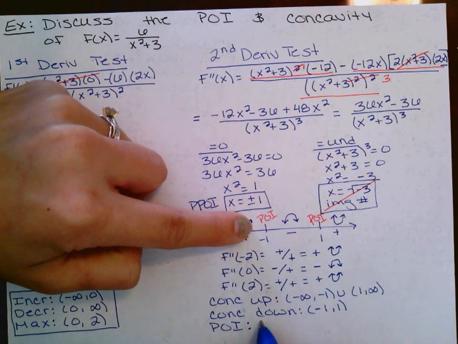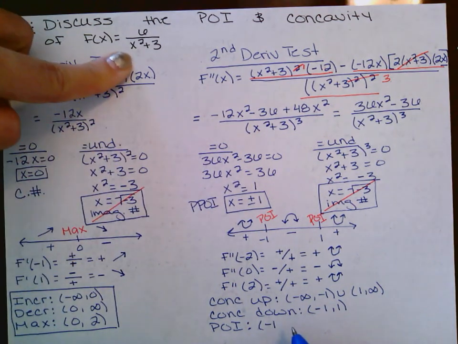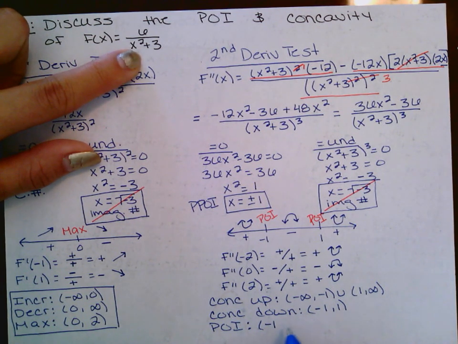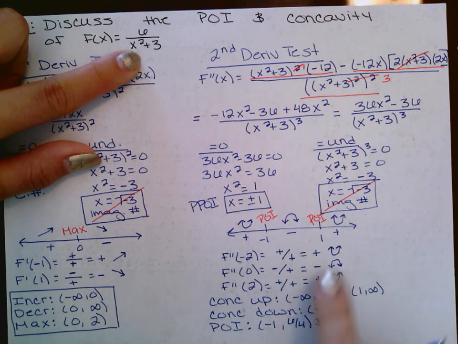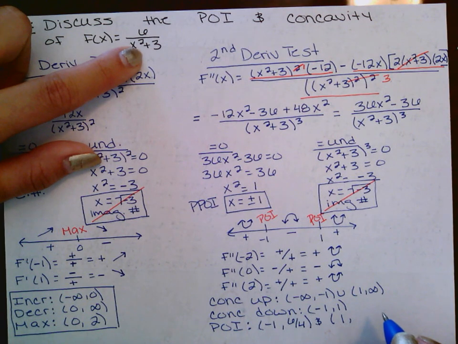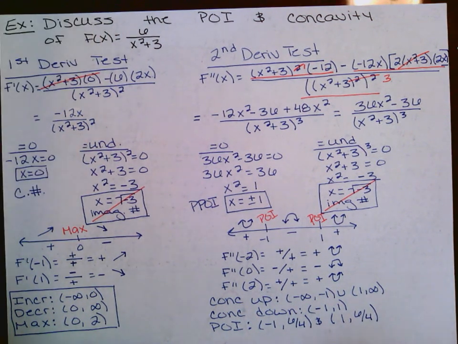And my point of inflection is at negative 1. I need to plug that into the original. Okay, so I end up with negative 1 squared is 1. Plus 3 is 4, so I have 6 over 4. All right, and then if I plug in my second point of inflection, 1, up here, I get 1 squared, which is 1, plus 3 is 4. I get 6 over 4 again.